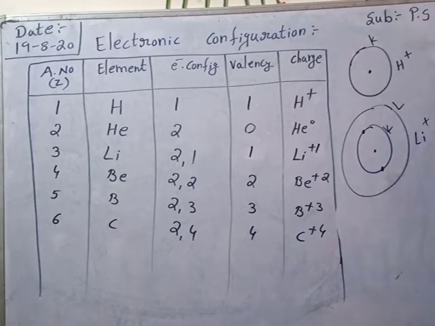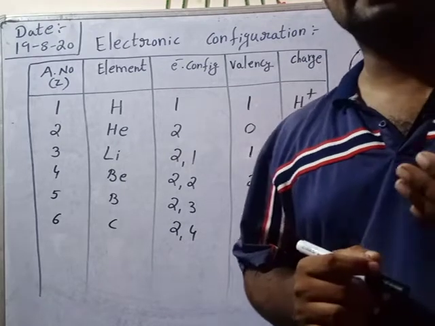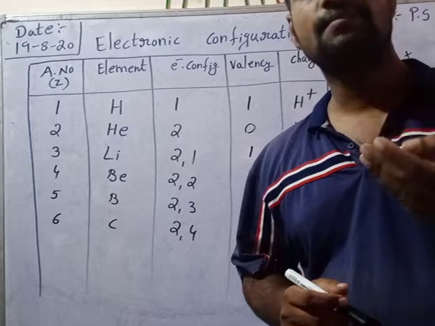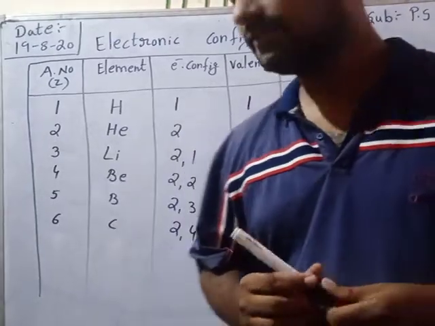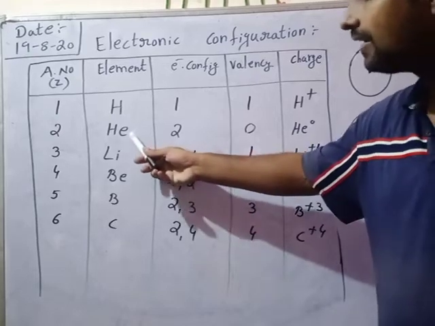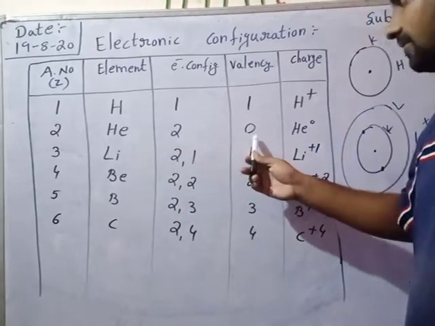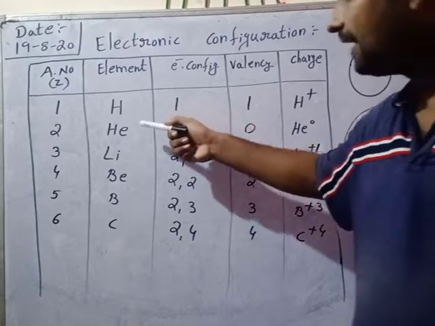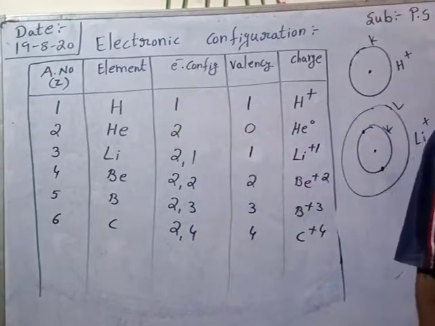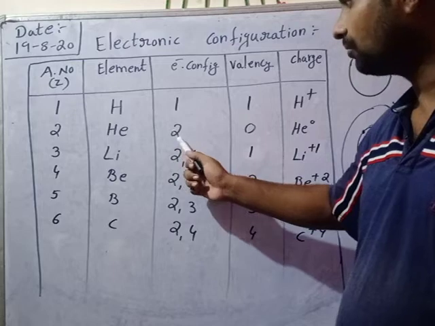Because every element, to reach the zero group element, the nearest zero group element, here helium, lithium to reach helium electronic configuration. Helium electronic configuration is 2.